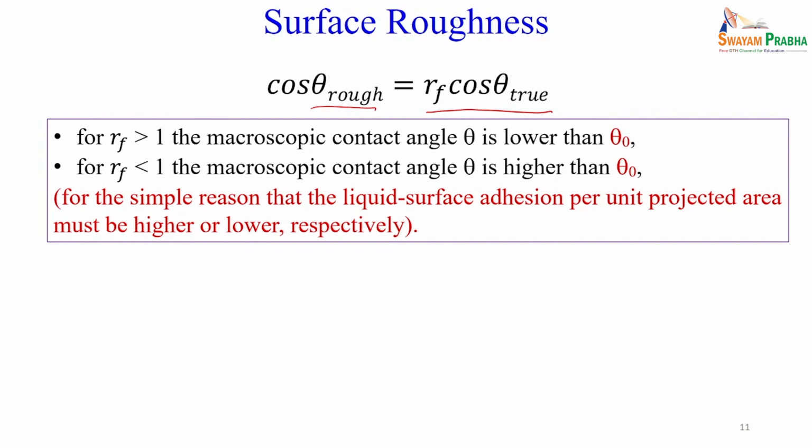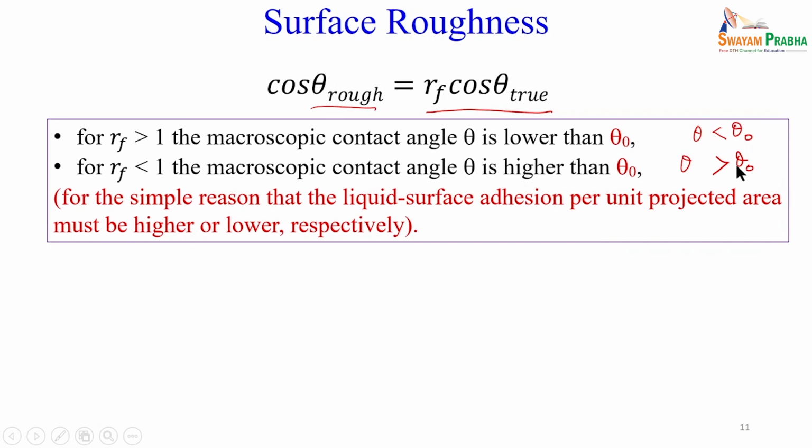Now, we can have different values of RF; RF can be greater than 1 or less than 1. If RF is greater than 1, then theta will be lower than theta 0, and if RF is less than 1, theta will be higher than theta 0.